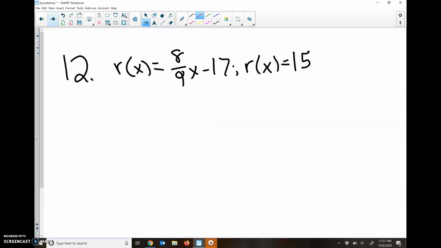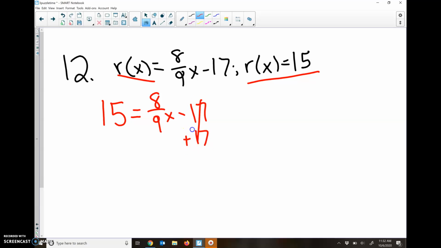And same thing here. r of x equals 8/9 x minus 17, and it tells me r of x equals 15. So I'm going to put that 15 where r of x is. So 15 equals 8/9 x minus 17. I'm going to add 17 because it's a minus 17.